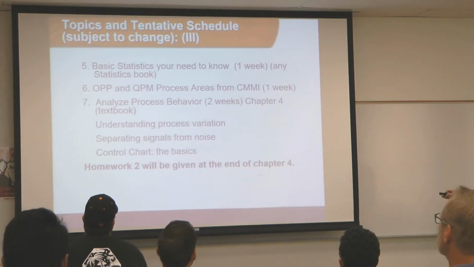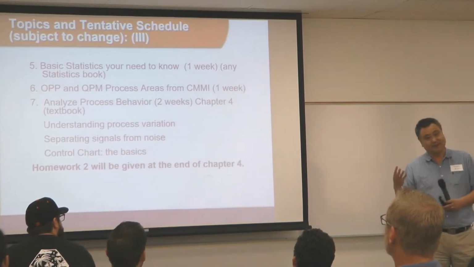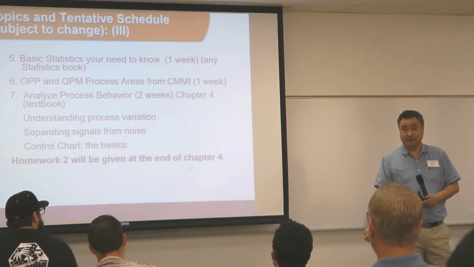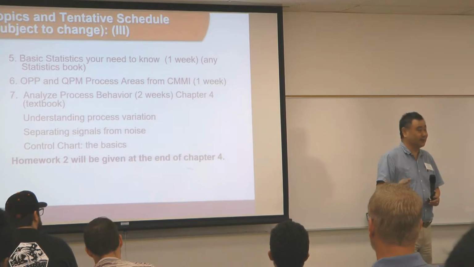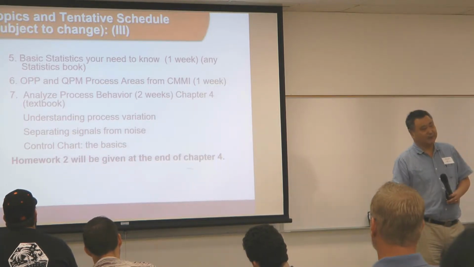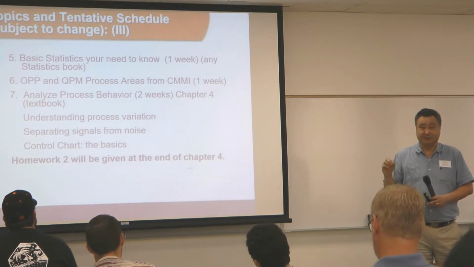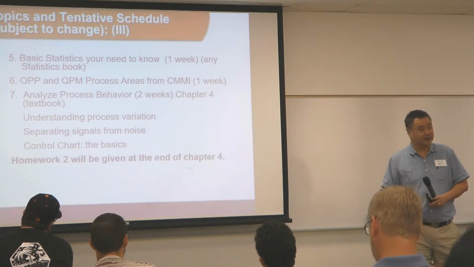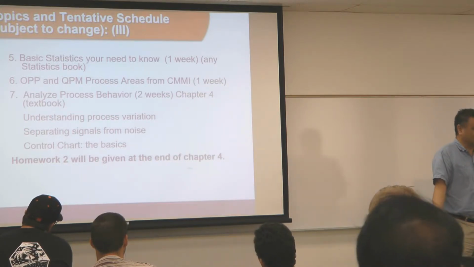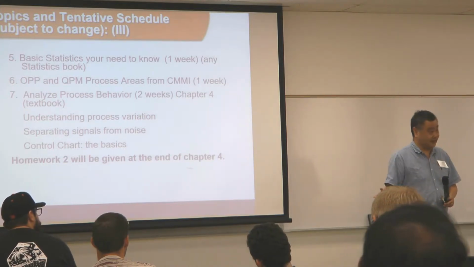By the way, the highlight of the book is chapter 4, chapter 5, and chapter 6. That's where the meat of the book is. It's extremely important to understand all the examples in chapters 4, 5, and 6. The mathematical part, the calculation of something like a contour chart, is not that hard.